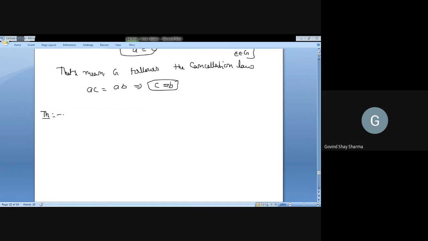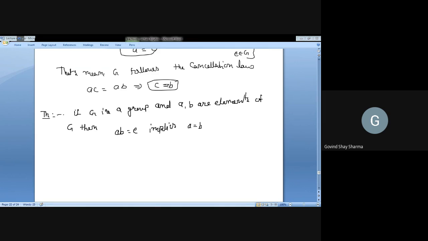Now we take the second property of group. I will write the statement of the theorem here: if G is a group and A, B are elements of G, then AB belongs to E implies A is equal to B inverse. Okay?